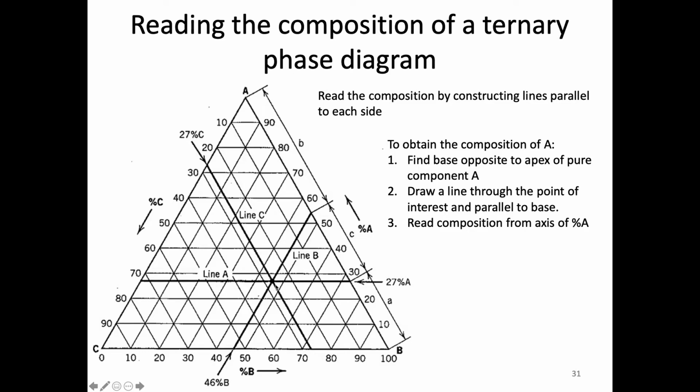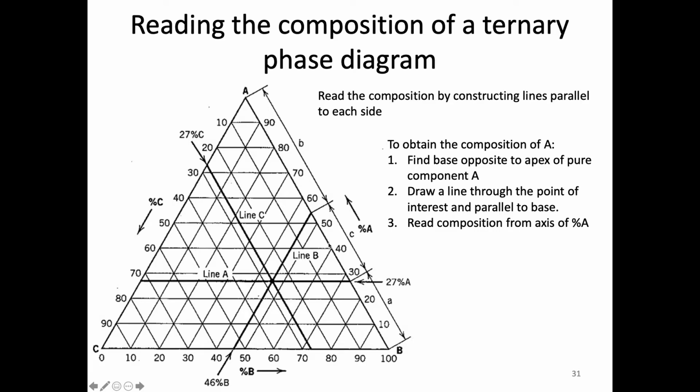So I'll have one line A, that's parallel to this base, and we're calling it A because it's opposite of the component A. Same thing with B. I'll draw a line opposite B, and then parallel to the base opposite of that. And then same thing for C. I'm going to create a line opposite the point C, parallel to the base over here.